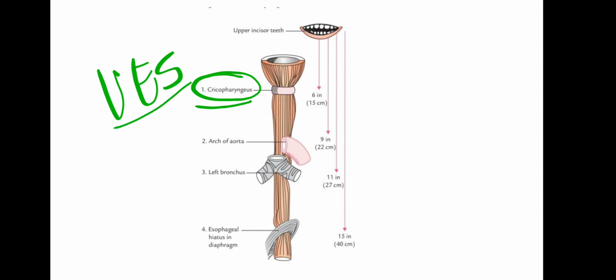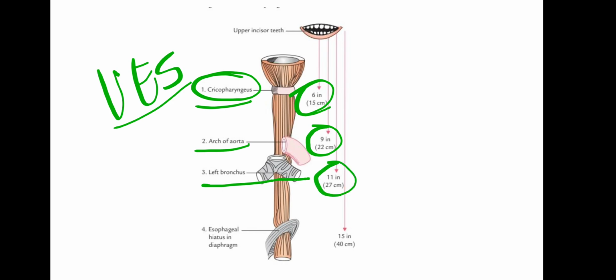It is the first construction site, which is about 15 centimeter from the upper incisor teeth, or about 6 inches from the upper incisor teeth. The second construction is at the level of crossing of the arch of aorta, which is about 9 inches or 22 centimeter from the upper incisor teeth. And the third construction is at the level of crossing of the left principal bronchus, which is about 11 inches or 27 centimeter from the upper incisor teeth.